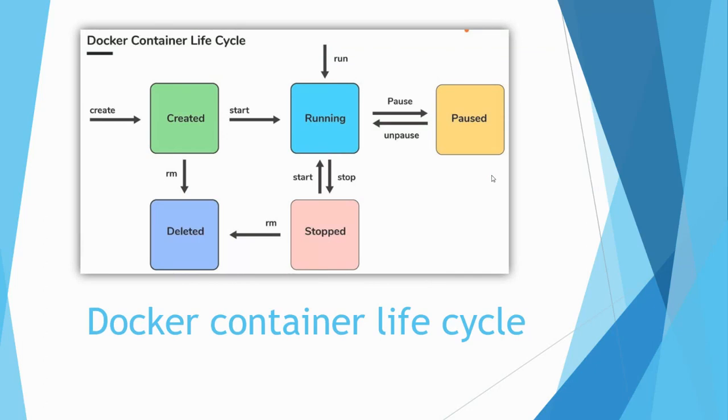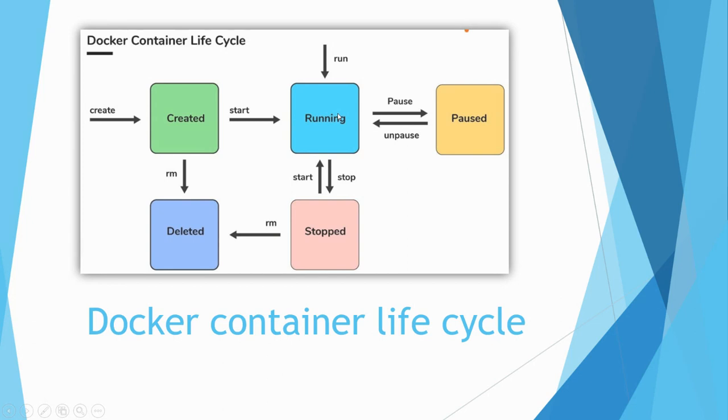So let us see the Docker container life cycle, how it works. Life cycle means once you create the container, what are the steps involved around the container, and how the container life cycle evolves. That is what we are going to see. Initially you create a container. After creating the container, you can start the container, that is, run the container.